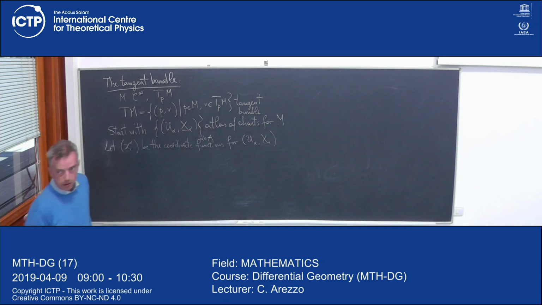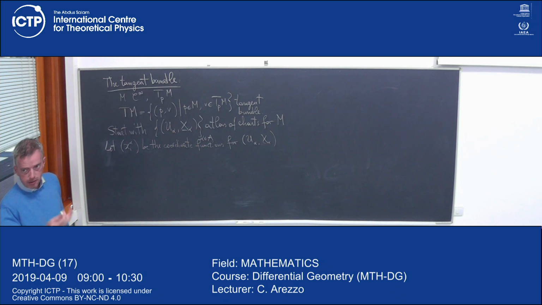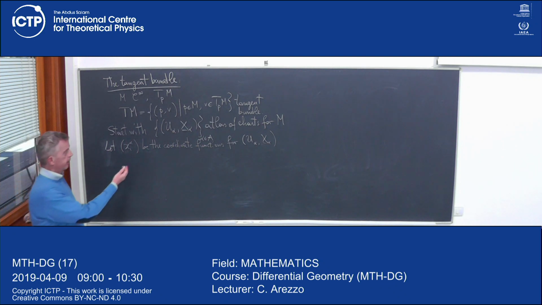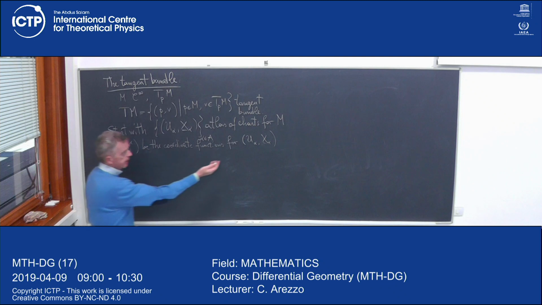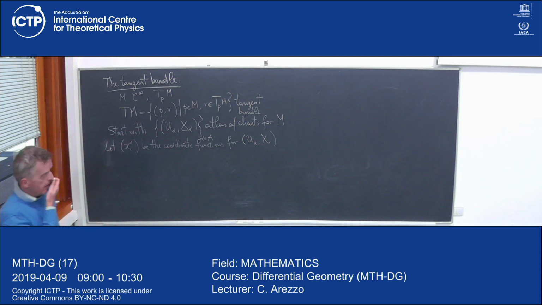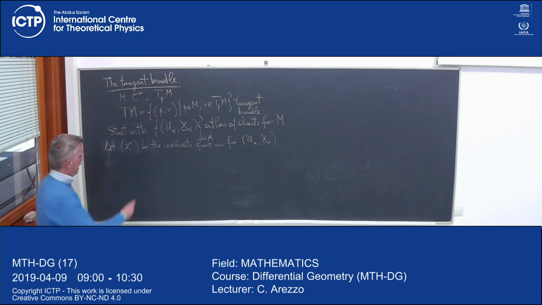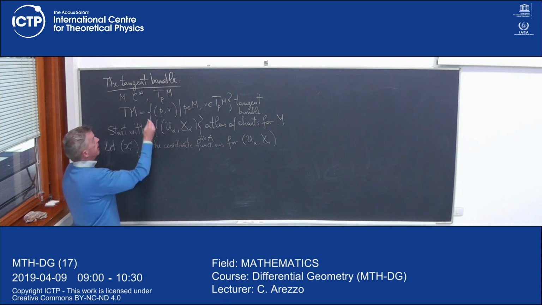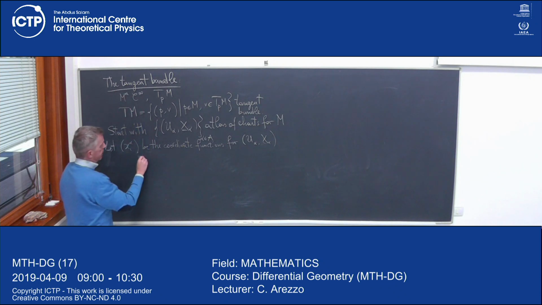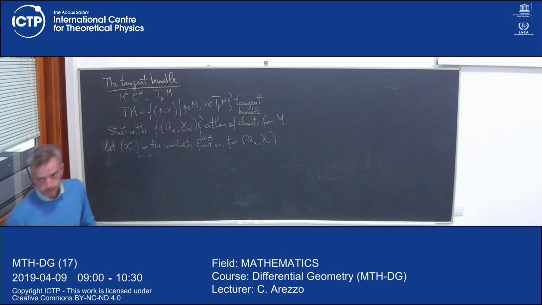Okay? So these are the maps, these are the coordinates over the Rn where this object lives. So M is of dimension n, so i goes from 1 to n.